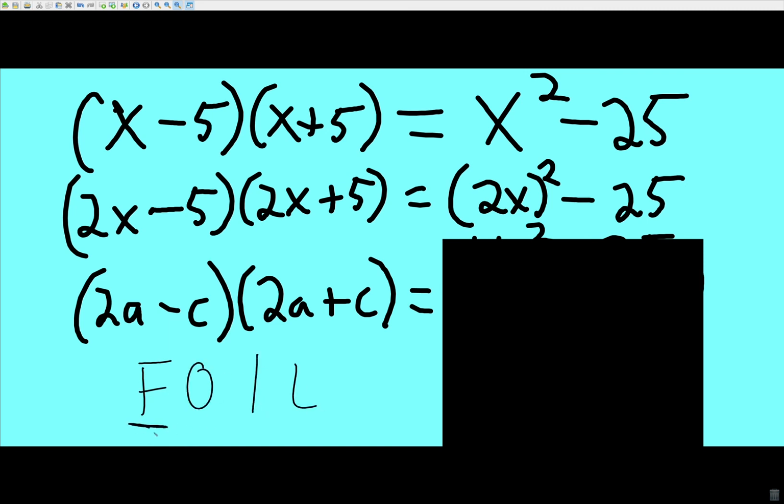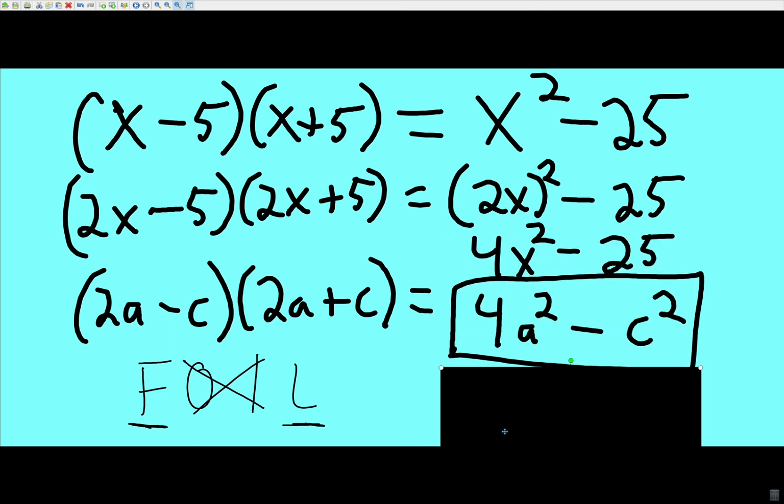We're doing the first, and we're doing the last, and we don't really need to do the inside. We don't need FOIL here. And the last one's got a little twist to it, because it's all letters, but it's still the same thing. So you have 2a squared, which is 4a squared, and then c times c, minus c squared, and that's it. So I think going forward, it's not too tricky.